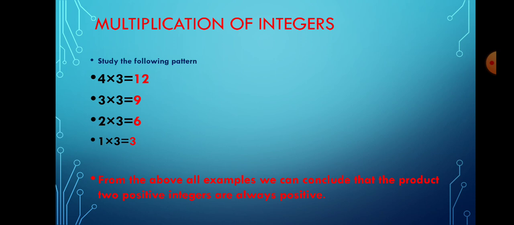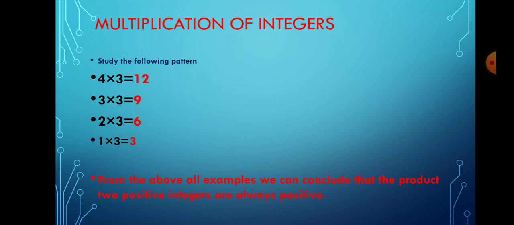For positive we take the plus sign and for negative the minus sign. Here in front of 4 and 3 there is no sign. No sign means we can remember that it is plus only, meaning positive integers. So in all these 4 examples we have positive integers.